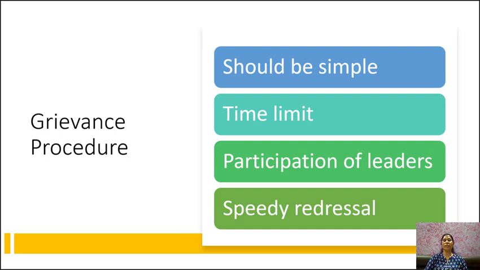Lastly, the grievance procedure should be developed with the participation of the leaders of employees and must be applicable to all. It should ensure speedy redressal of grievances and must be capable of ensuring a sense of satisfaction to the individual concerned.